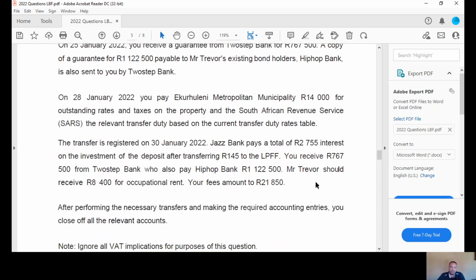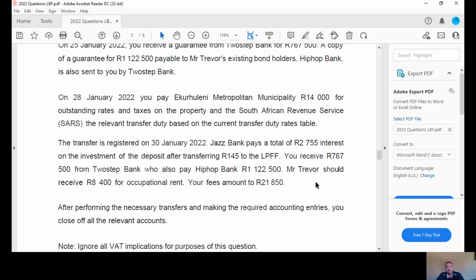Okay, then on the 28th of January, you pay Ekurhuleni Metropolitan Municipality 14,000 Rand for outstanding rates. So again, it's a trust cash book payment, but you've got to figure out who pays that, seller or buyer, on the property, and the South African Revenue Service relevant transfer duty based on current transfer duty rates table.